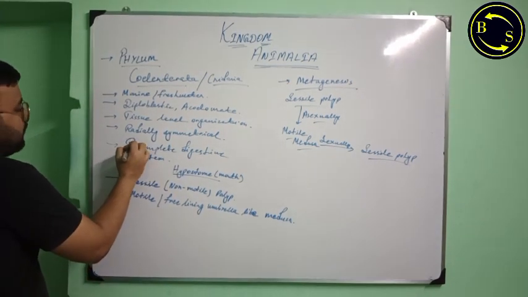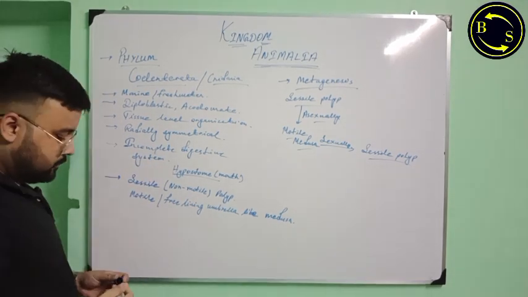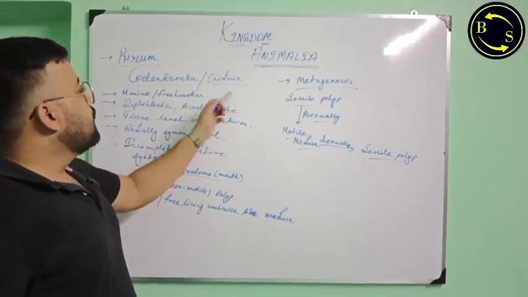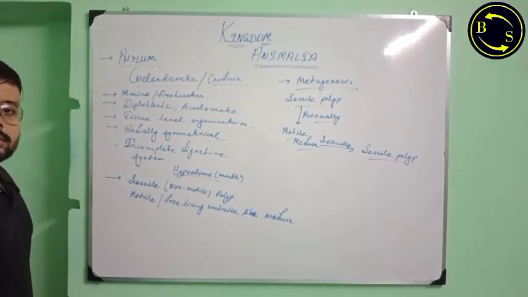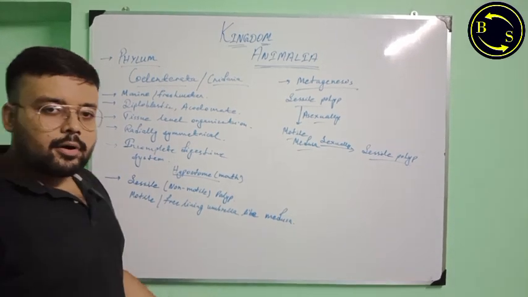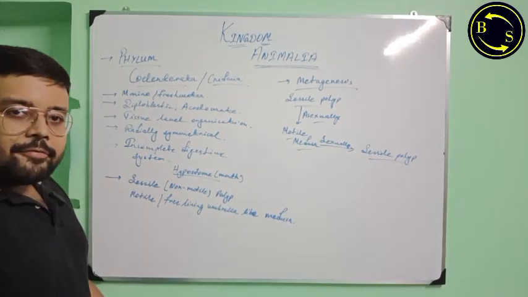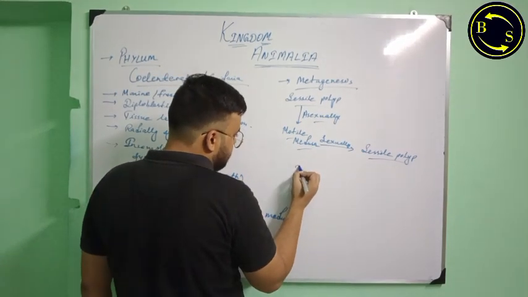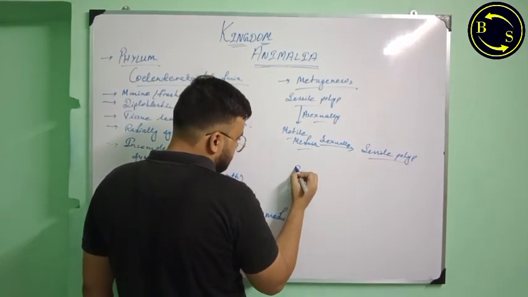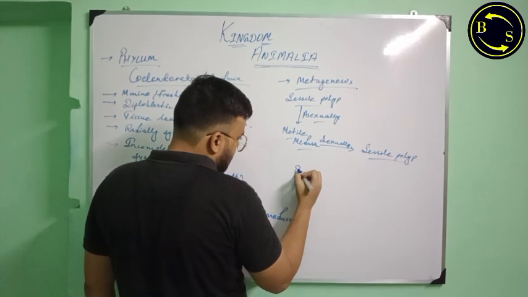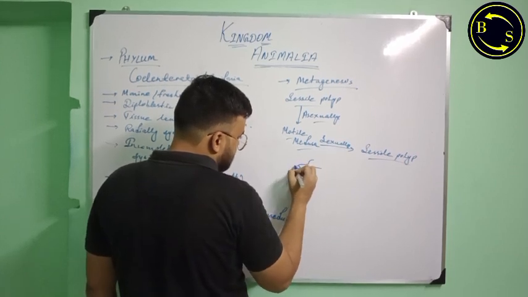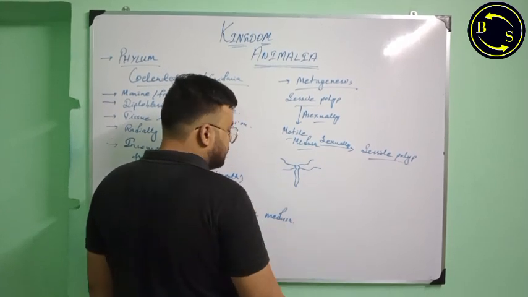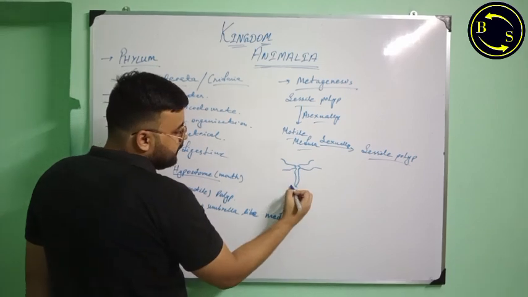Now, how do they capture their food? The coelenterates or the cnidarians, whatever you may call them, have tentacles. Like this is the hydra, and this has got tentacles.